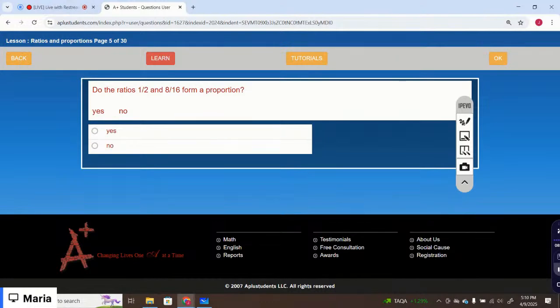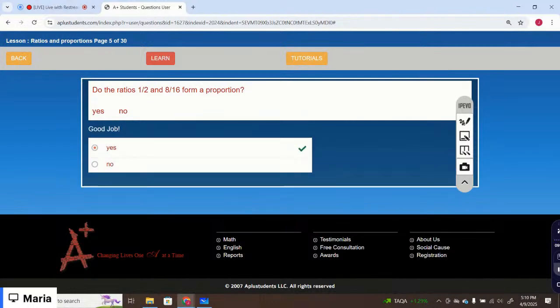Do the ratios 1 by 2 and 8 over 16 form a proportion? Yes, they form a proportion. Option number one is the correct option.